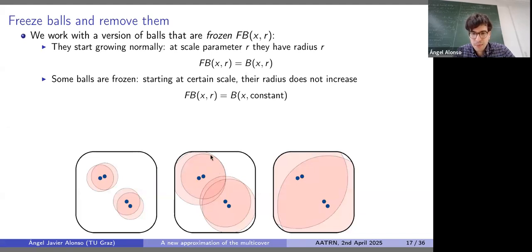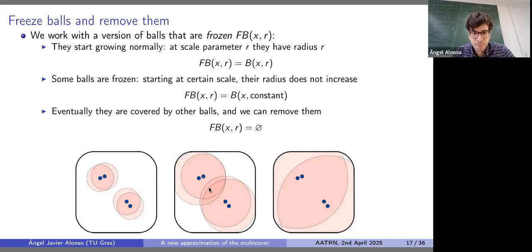So now once this ball has been covered by this other ball, well, just to preserve this union of balls, we can just remove this frozen ball after a certain radius. And this will be the picture. For large radius, we just have 2 balls. We have removed 2 of them. Yeah, so maybe to say it again, we have this version of balls, and instead of always having radius r for scale r, well, at some point they stop for a while, and then they disappear.